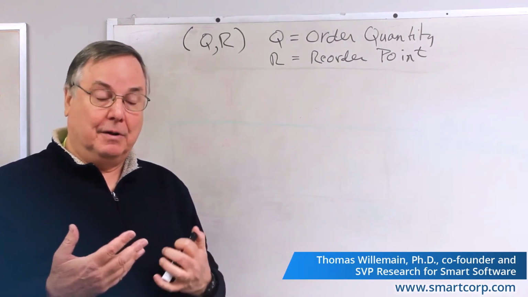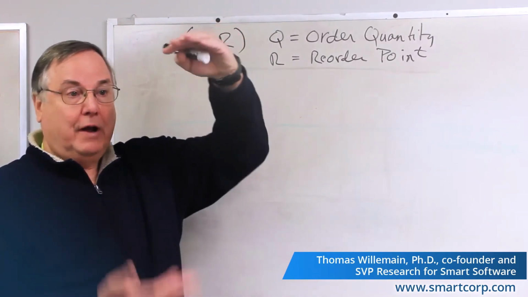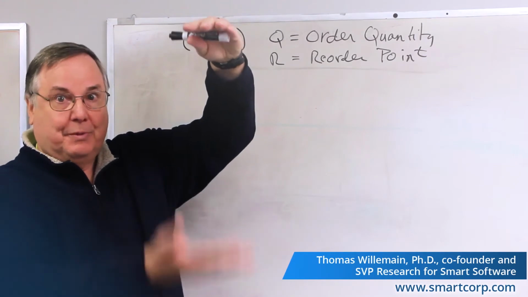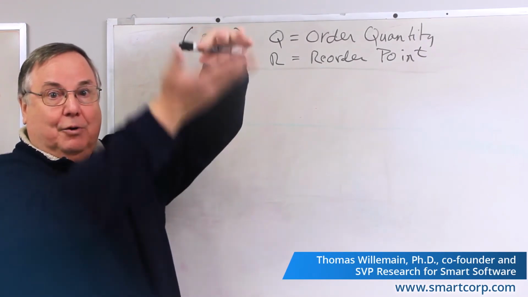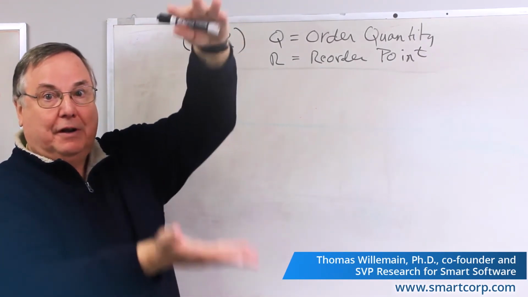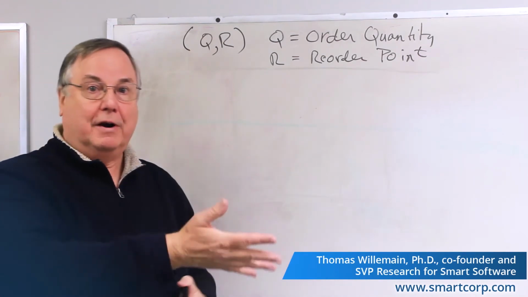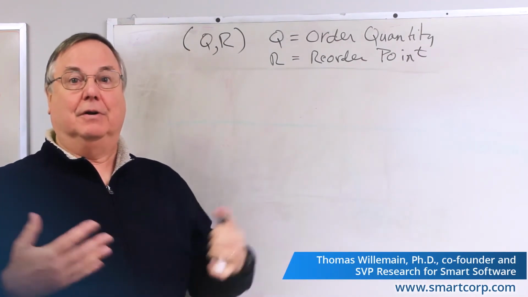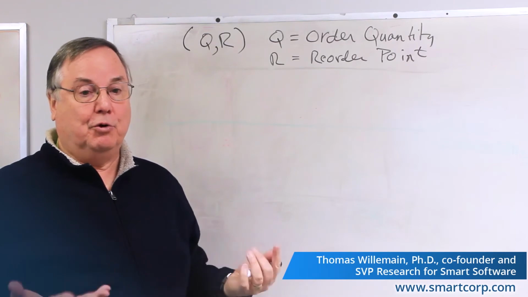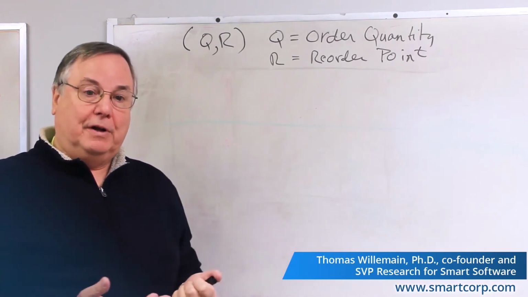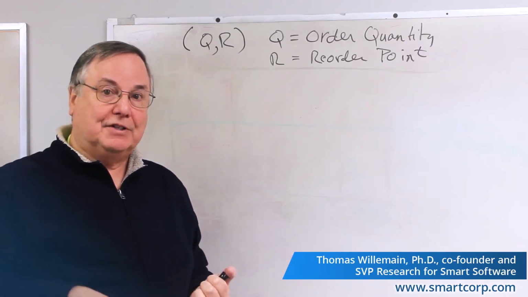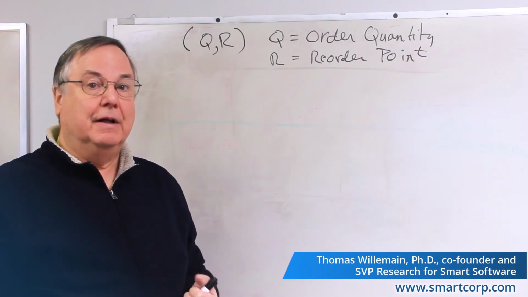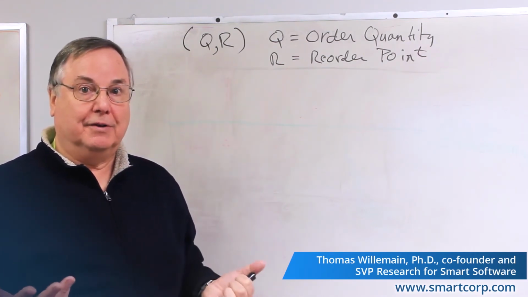Remember, with the periodic review, wherever you started, which was a random point, you tried to get back up to the order-up-to level, and that varied. Here, the order quantity is always a fixed number. It might be order 10. So the rule might be a reorder point of 5. When your inventory gets down to 5 units on the shelf, then you order 10 more, order quantity 10.